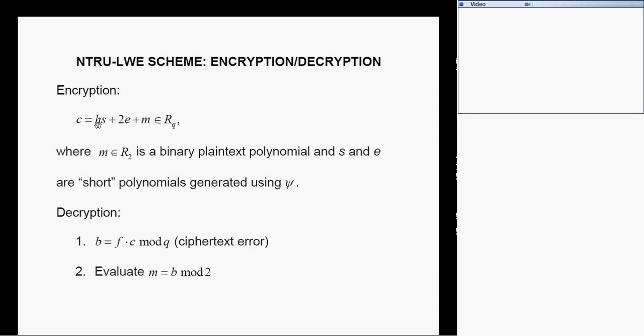Everything else here is very similar, other than that we have an extra term, extra error noise, and this E is called the error term in the lattice crypto terminology. Everything else is very similar, and this E is also generated as a short polynomial.